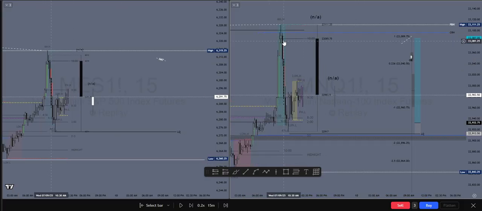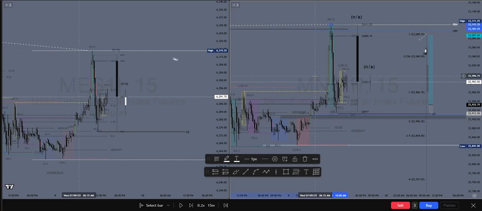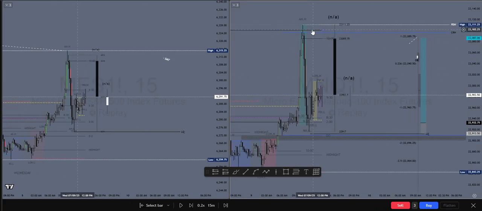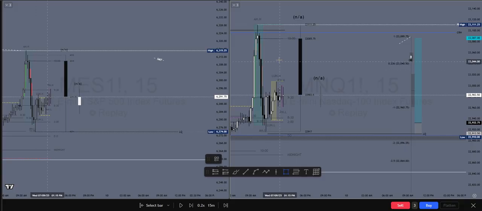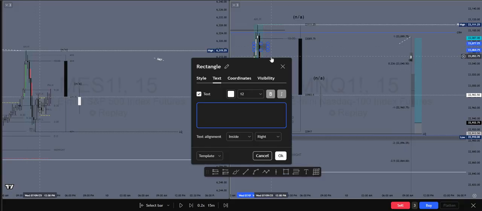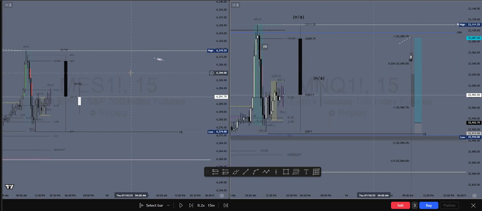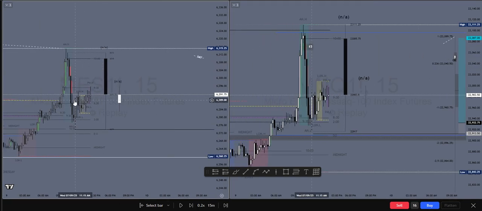Okay, so after seeing this huge sweep, I'd expect this key level to be a safe swing point for your stop loss. Since I'm on a 15-minute time frame, what do we notice here? There's also a 15-minute BPR, and I'm not worried about ES.